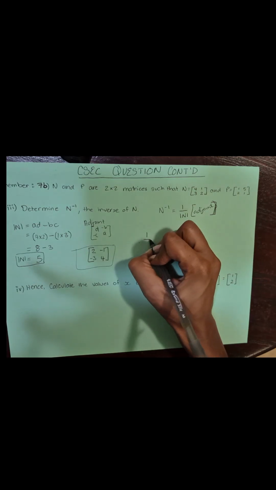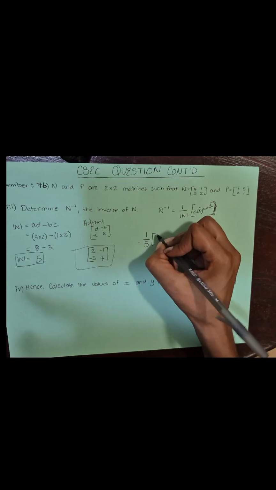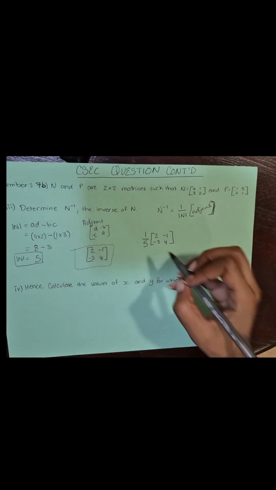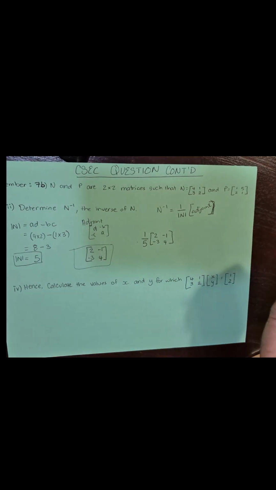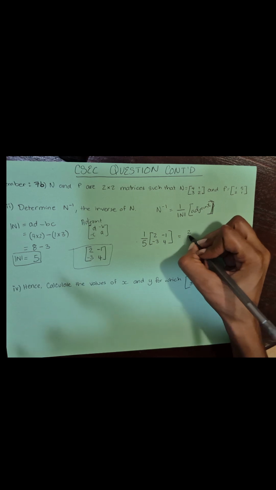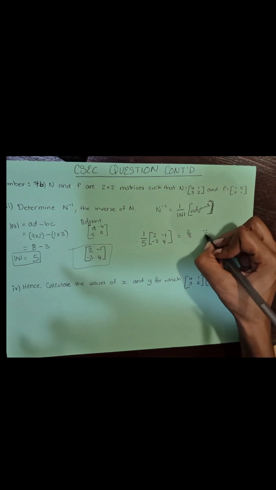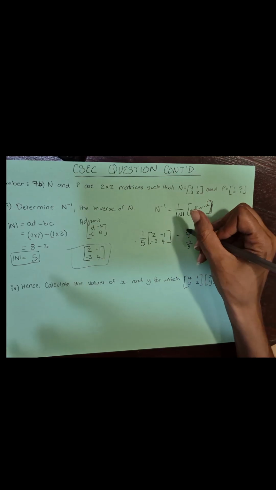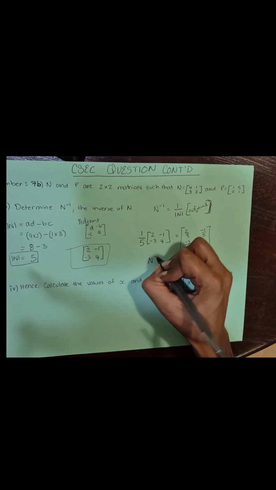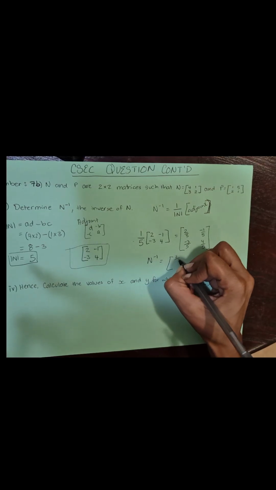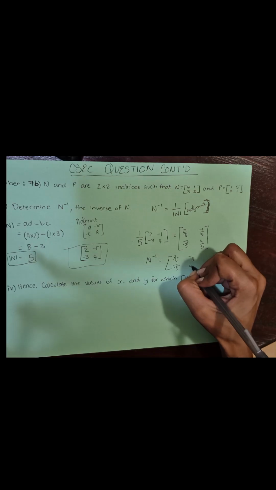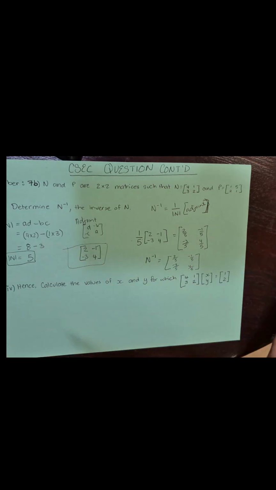So it's going to be 1 over the determinant times the adjoint. And to multiply fractions, we know we just put each thing over that same denominator. 2 over 5, negative 1 over 5, negative 3 over 5, and 4 over 5. That is our inverse. Nothing here can simplify that easily, so we're just going to leave it as that.